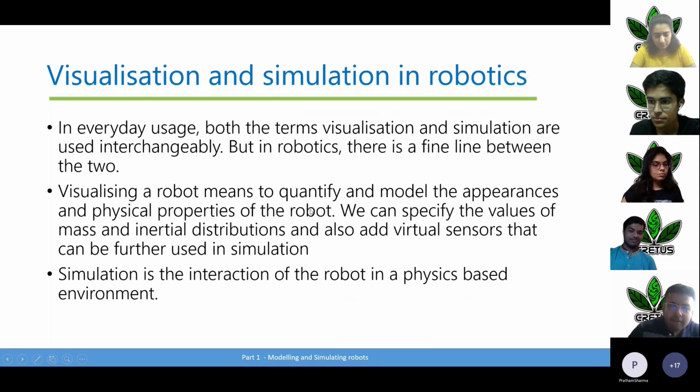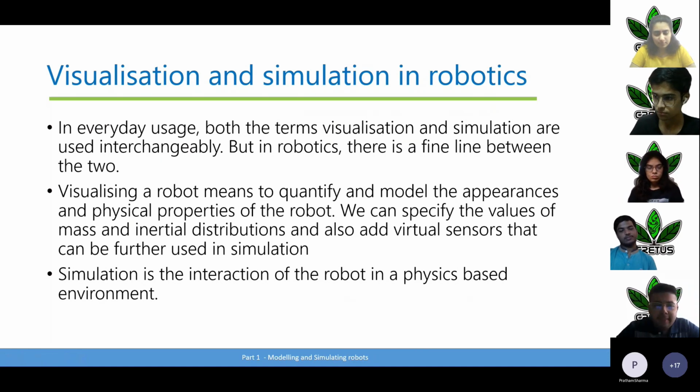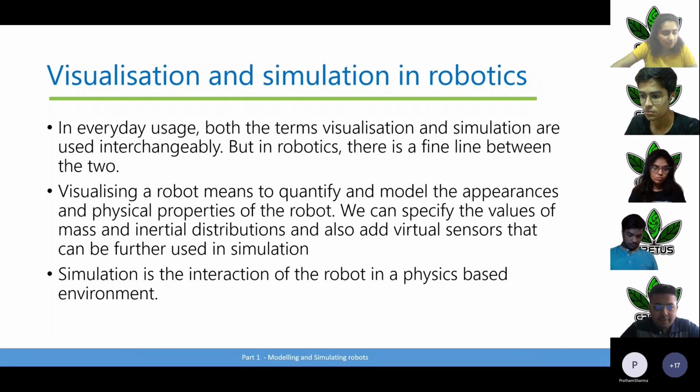Now we are going to be venturing into the next section, that is visualization and simulation in robotics. In everyday usage, both the terms visualization and simulation are used interchangeably, but in robotics, there is a fine line between these two. So, what do I mean when I say visualization?